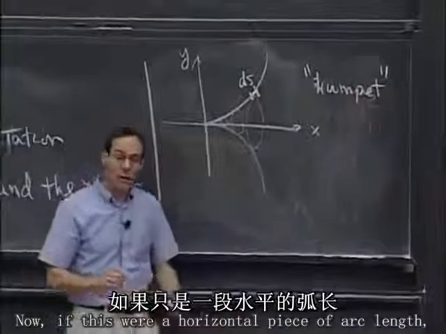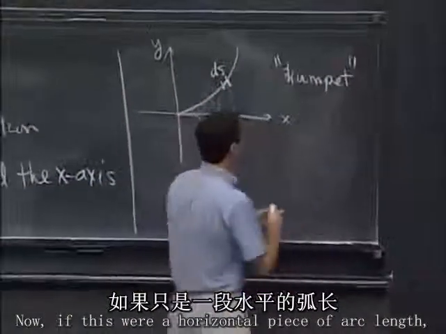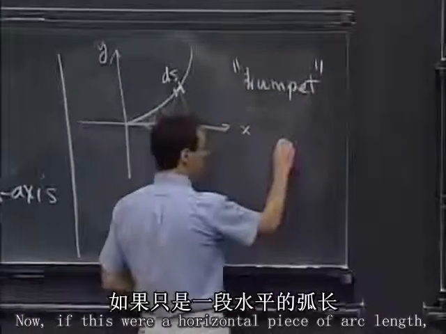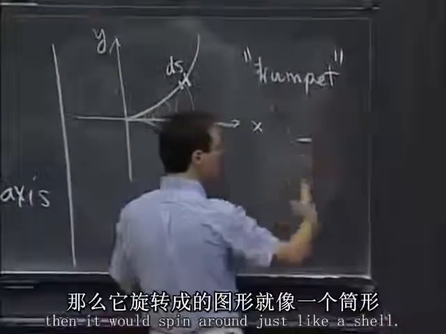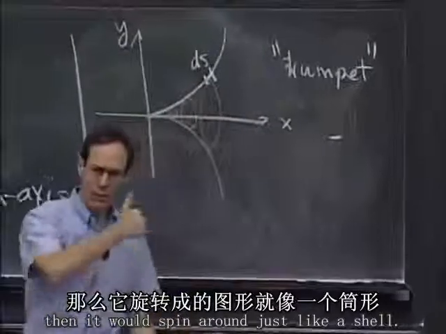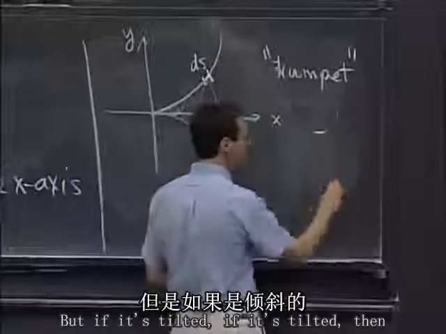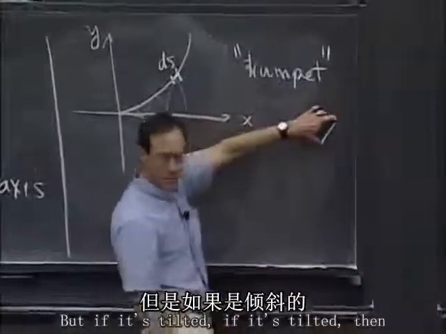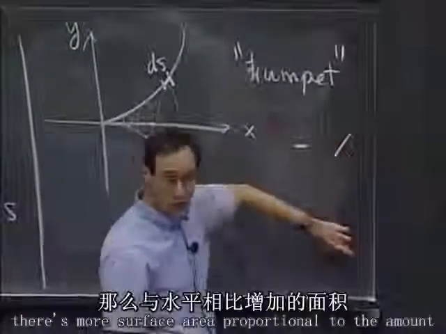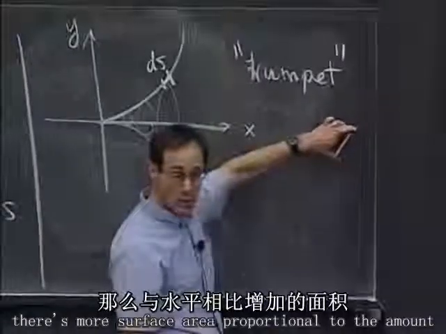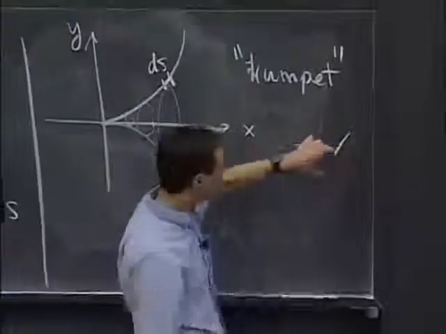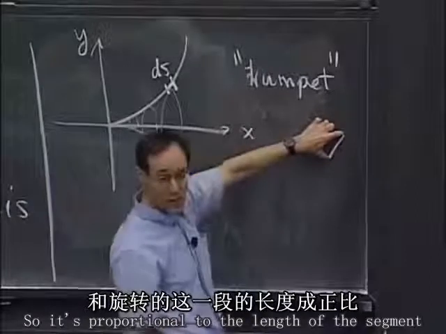Now, if this were a horizontal piece of arc length, then it would spin around just like a shell. It would just be a surface, all right? But if it's tilted, then there's more surface area proportional to the amount that it's tilted. All right? So it's proportional to the length of the segment that you spin around.